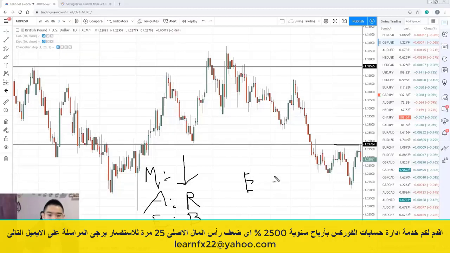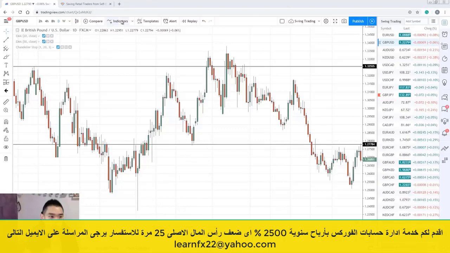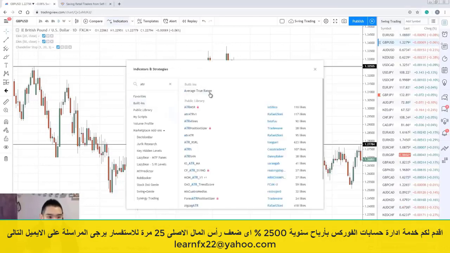What about your exits? First, let's talk about stop loss. Remember, I don't like to set my stop loss just above the highs, because the price could just rally up higher and then collapse down lower, and if I set it above the highs, I would get stopped out. So what I usually do is use the ATR indicator. Just go to indicators, pull out ATR.